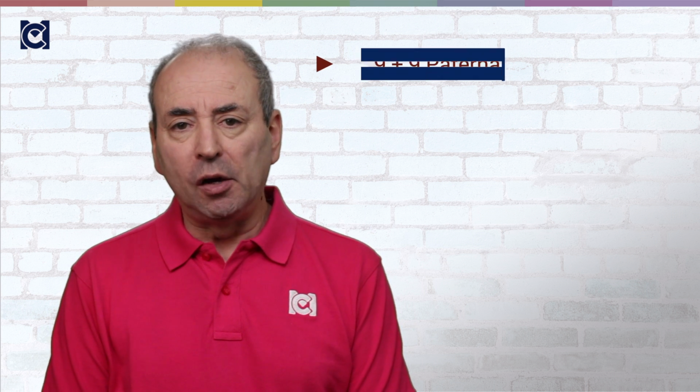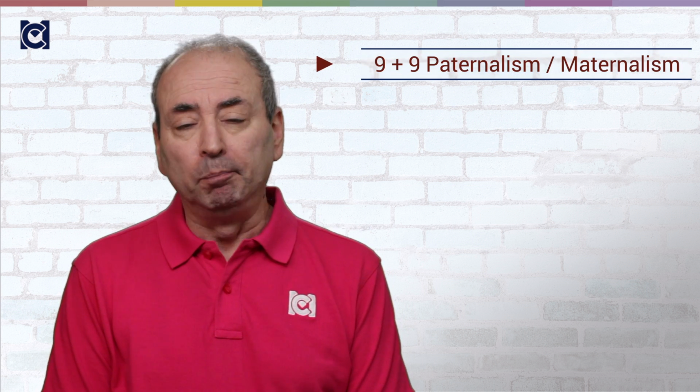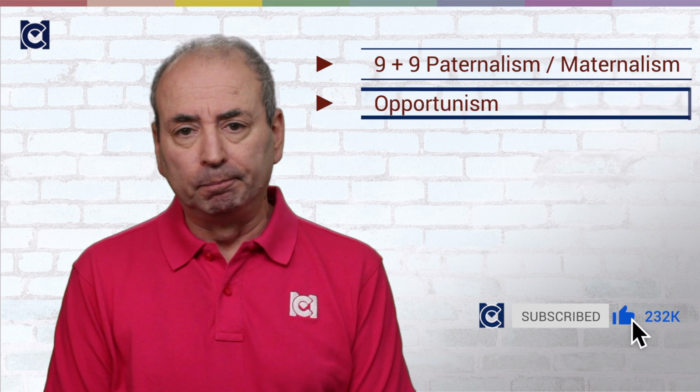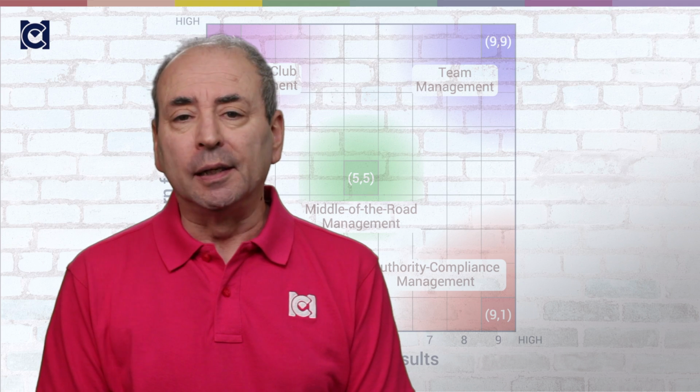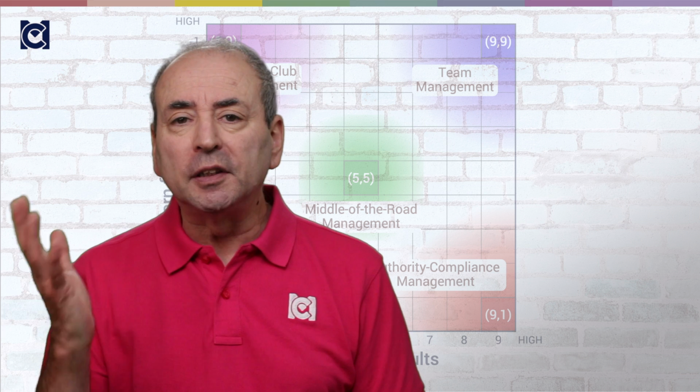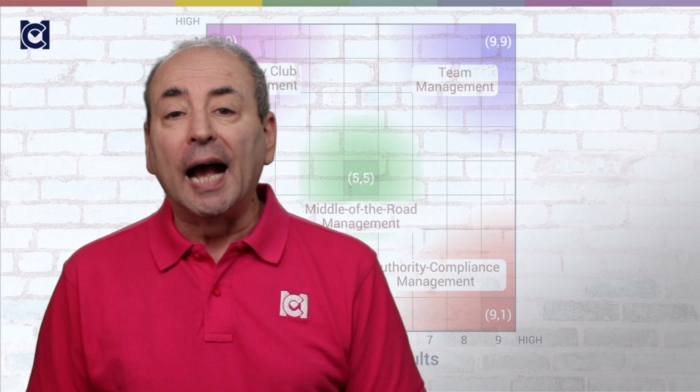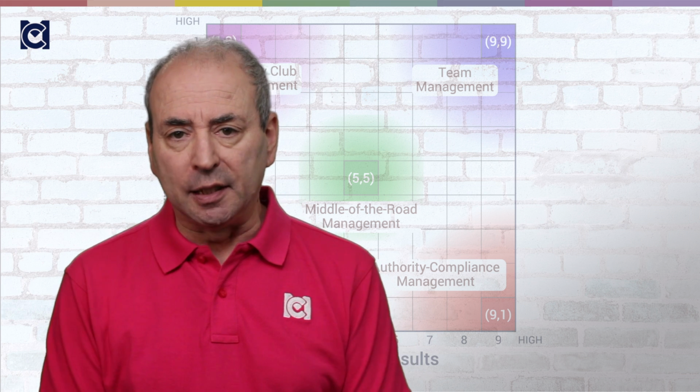In 1991, Blake added 2 further styles, along with colleagues, which they described as 9+9 paternalism or maternalism and opportunism. 9+9 paternalism or maternalism. This leadership style flips between the authoritative compliance style and country club styles of leadership.